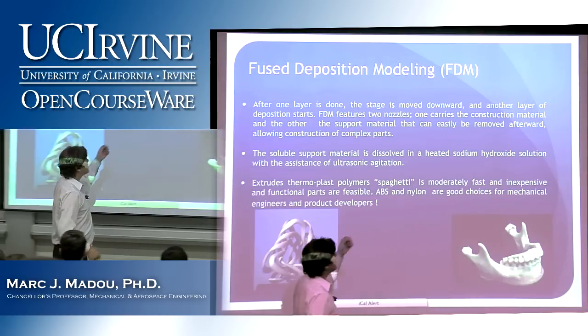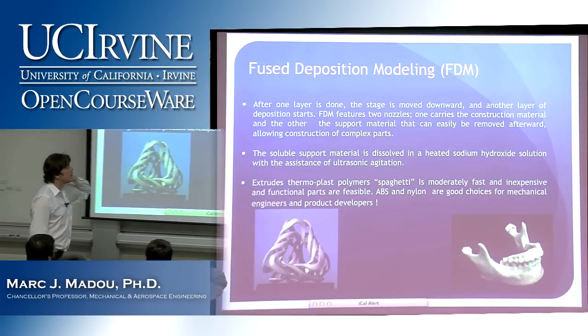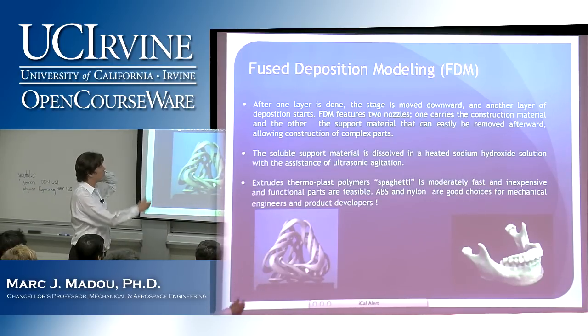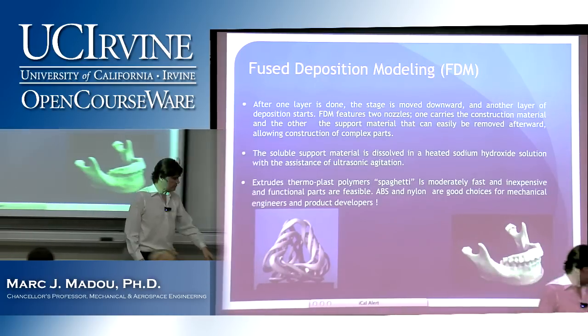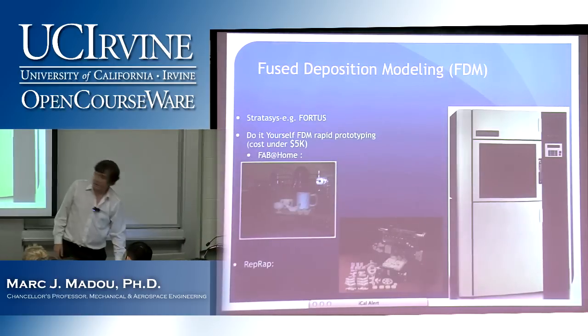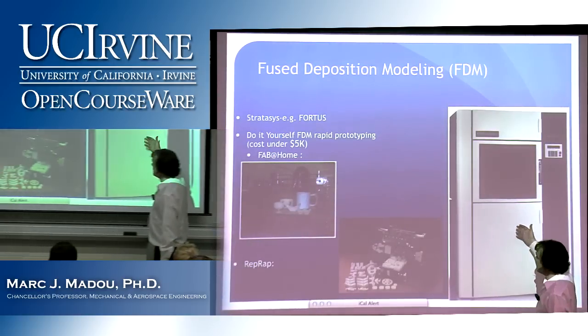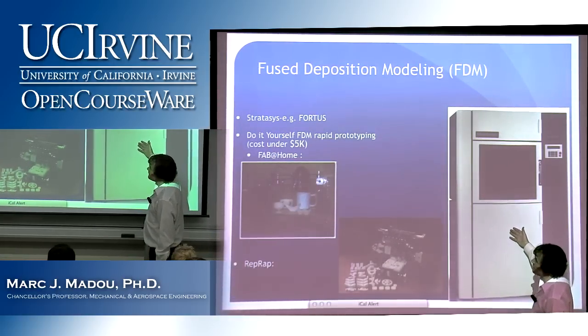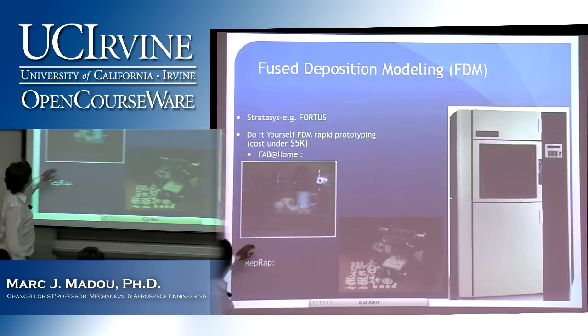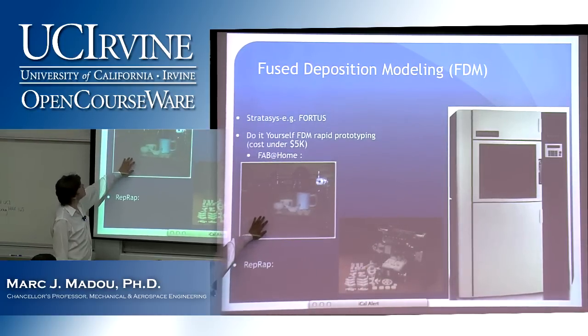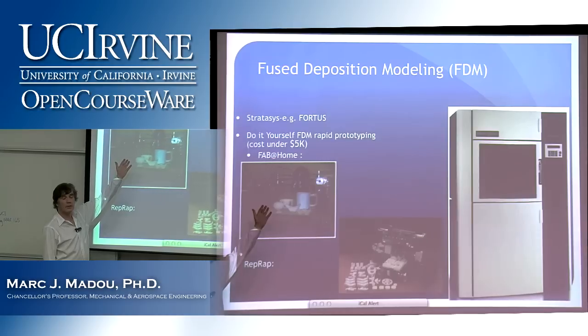So ABS, also nylon, can be used, and is often used by mechanical engineers and product developers. These are some machines. This is on the expensive side. It's called the Stratasys Fortus. But then there's actually machinery that can do this for $5,000 nowadays.